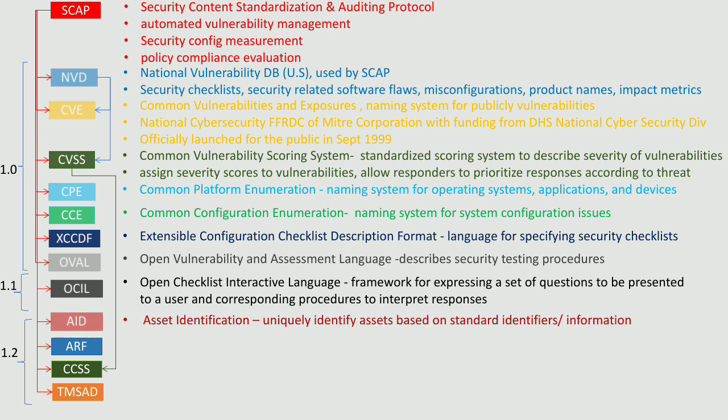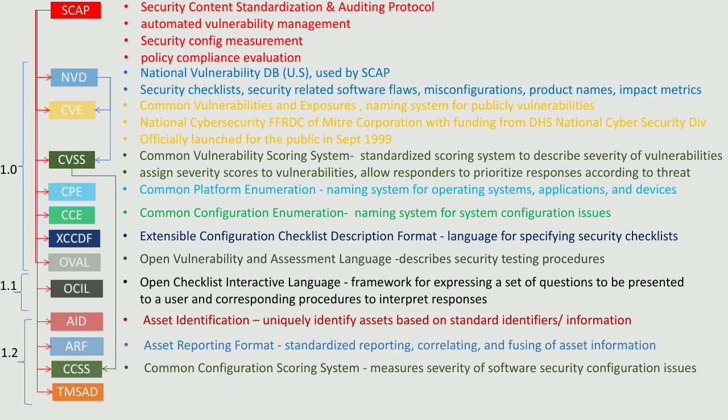And this is just the asset identification to identify the assets in a standardized manner, and this is just a reporting format to report the findings about the assets. And this is just a scoring system for any configuration related issues. So it just measures the severity of the misconfigurations done on a system.